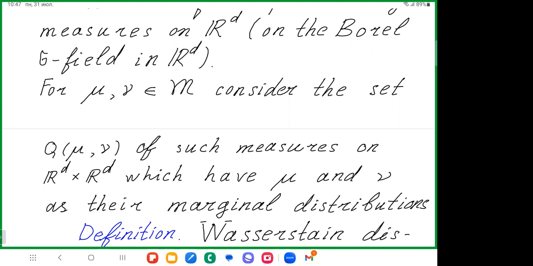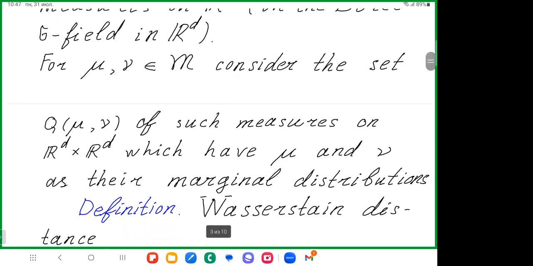So this set is always non-empty, but it is very helpful to solve the full exercise to build other examples of measures from Q(mu, nu).